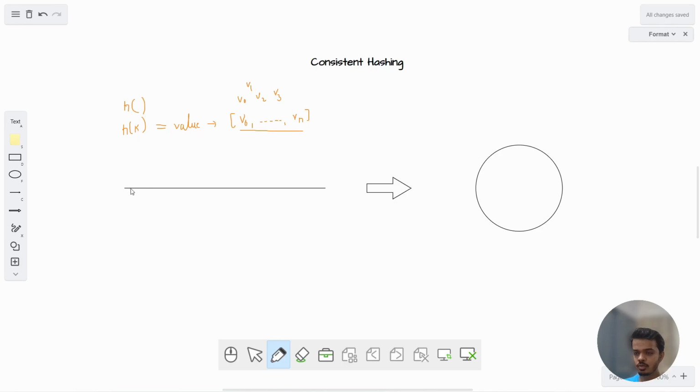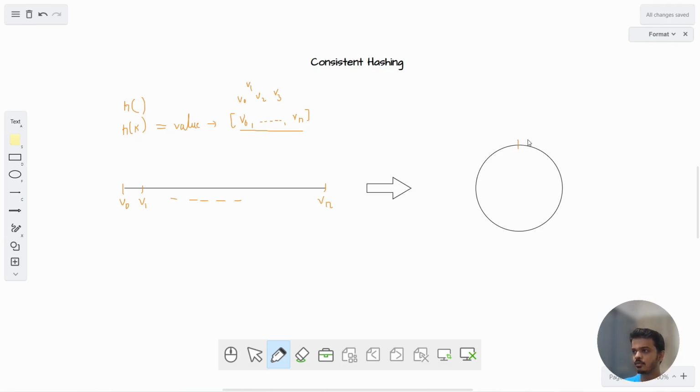So if you see on this particular line, the values are going to be from v0, v1 to vn. Now because these values wrap around, or repeat themselves, we can also consider it as a ring.